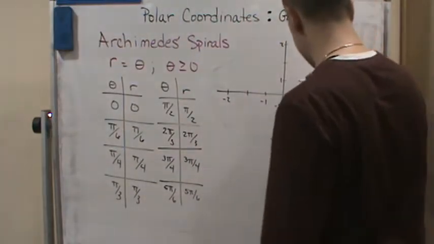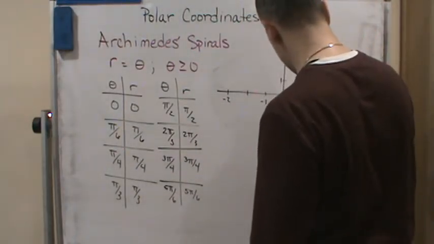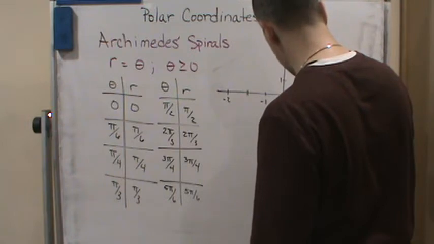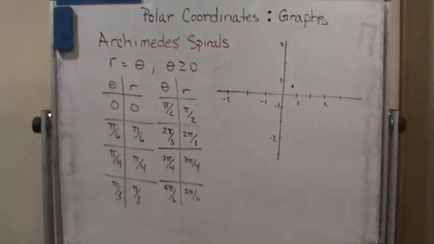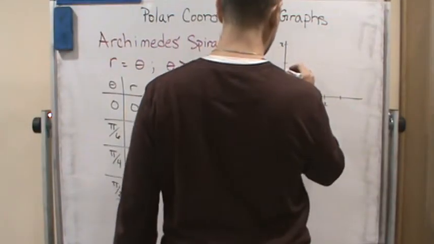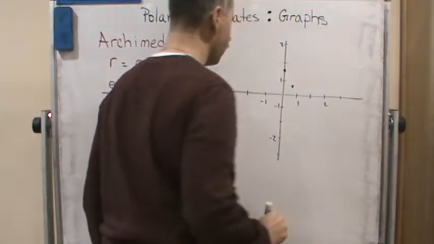So 0.785, let's say, is right about maybe there. And pi over 2 is 1.57, so let's say it's right about there.